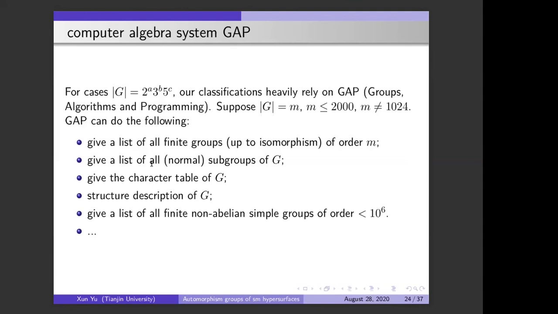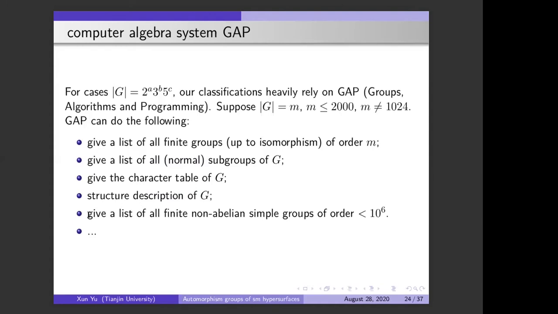It can also give all subgroups of any given group G of this order m, and moreover all normal subgroups. It can give the character table of G, and a structure description, like whether it is a permutation group, alternating, cyclic, a direct product, or a semi-direct product, and so on.